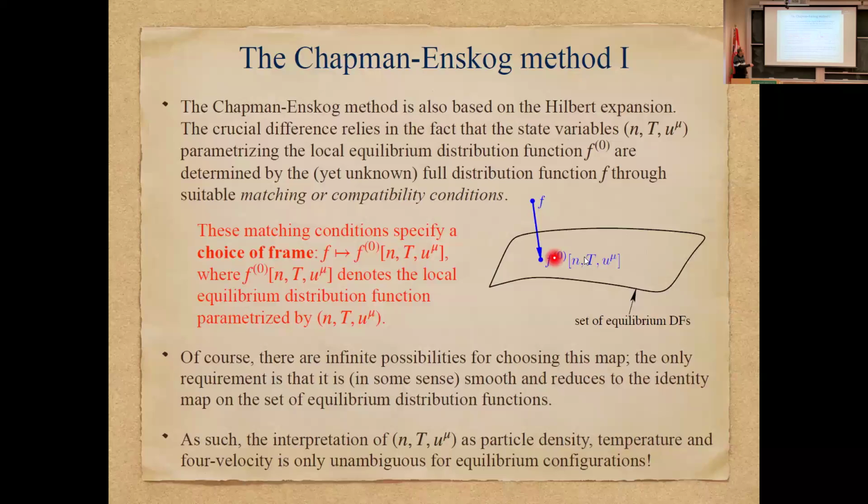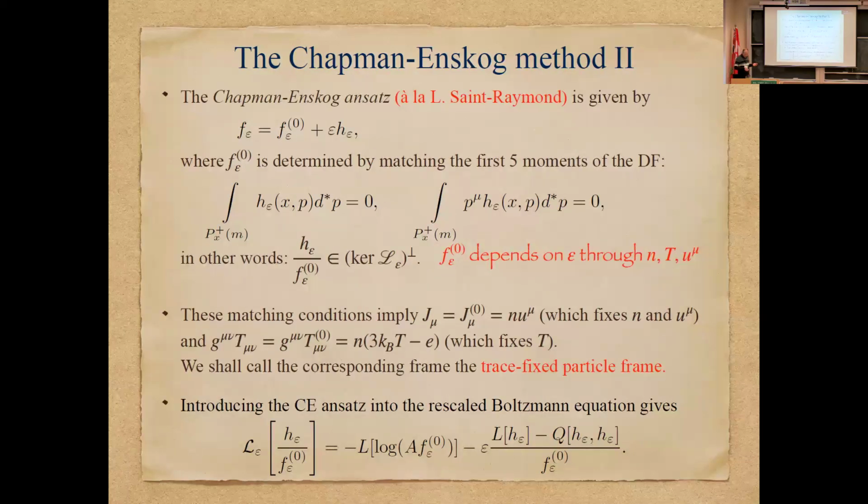So choice of frame is basically how you pick this F0: given a distribution function which may be out of equilibrium, how do you pick n, T and u, which somehow best approximates this F. You can then study what happens if you change this choice, but I have no time to go into this. So we are going to fix this choice in the following way.